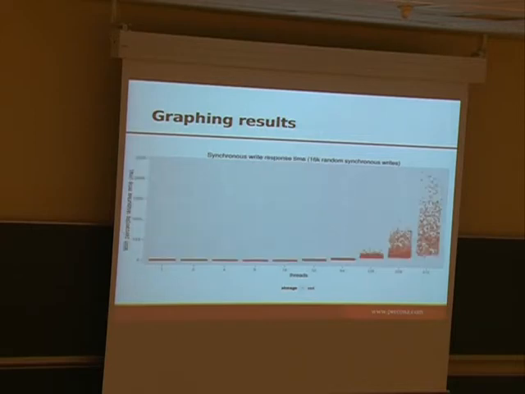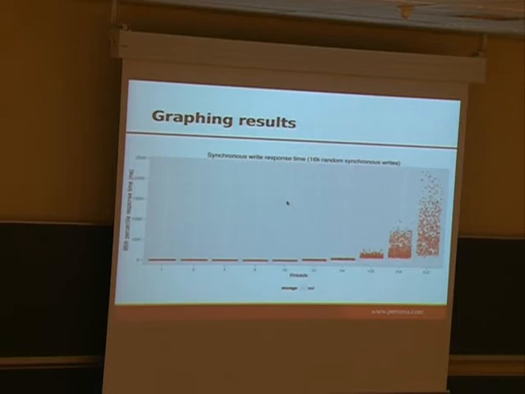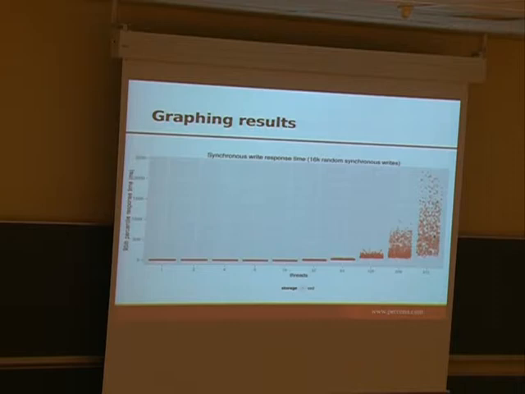So if you graph the response time, you can see that up to a point, up to 16 threads, the response time somewhat increases. But after a while, if I keep adding threads, the throughput doesn't change too much, but the response time will skyrocket, right?